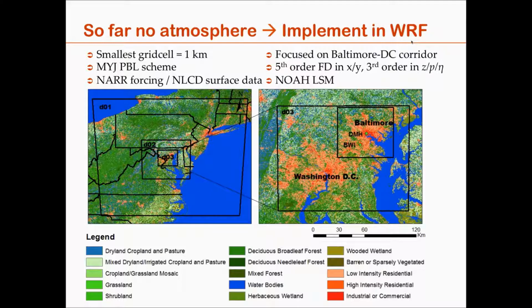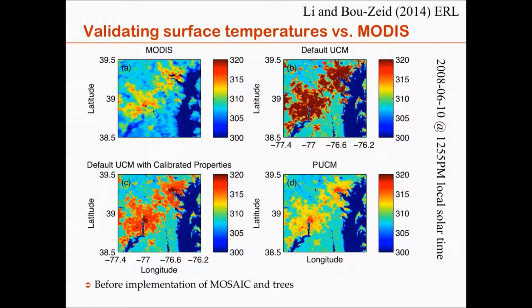It's a commonly used model, and we run WRF at multiple resolutions. We have a large domain, D01, with a coarse resolution that captures synoptic scale systems, and then we refine it to D02 and eventually to D03. D03 is the one I showed you, where we capture Baltimore and Washington. So this is the atmospheric component of the model.